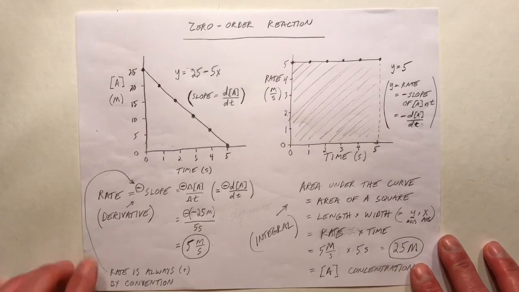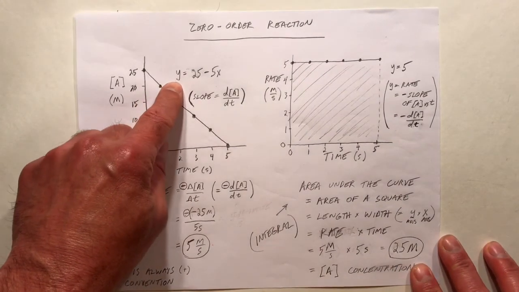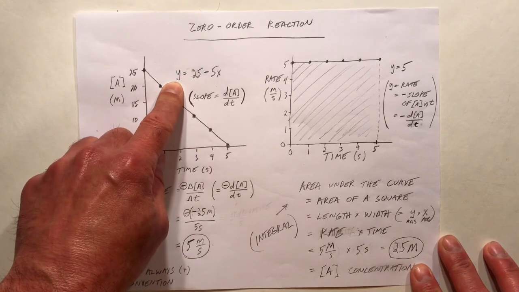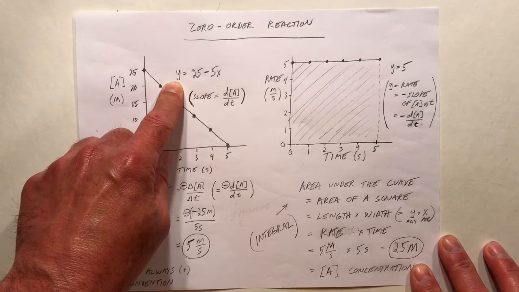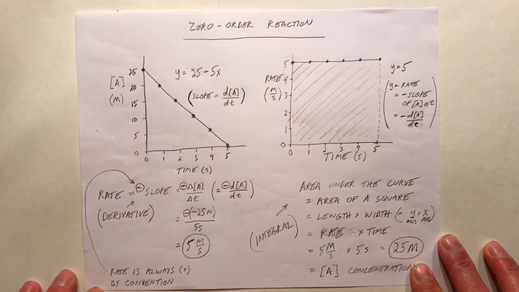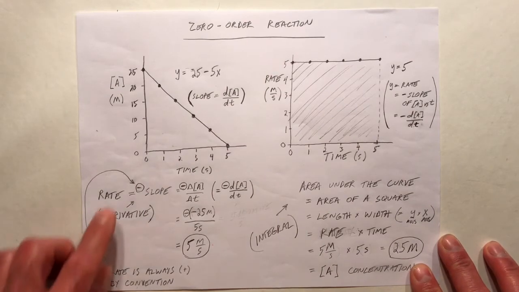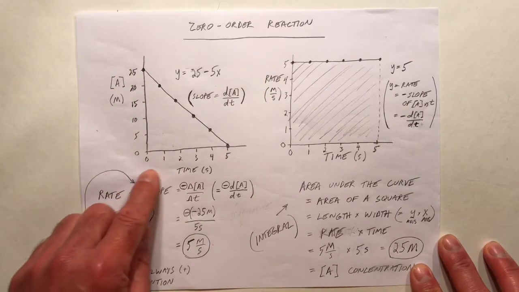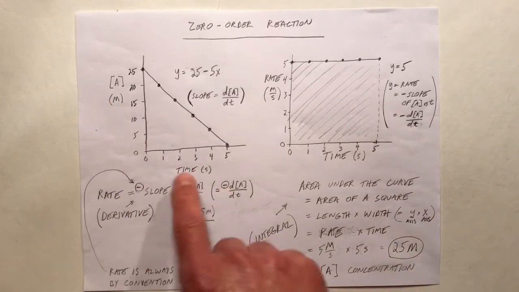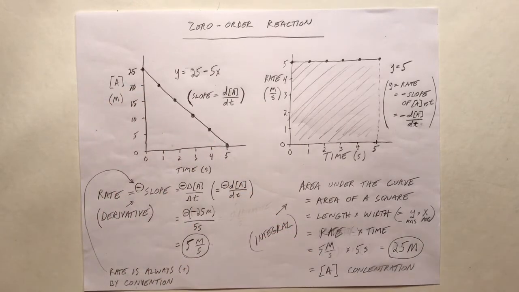Let's say we have a line graphed out here that has this line equation. Y is equal to 25 minus 5x. If we graph that out with these y and x-axis values, concentration versus time graphs out like this.